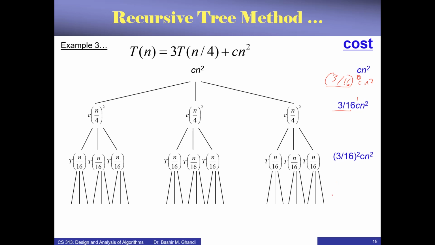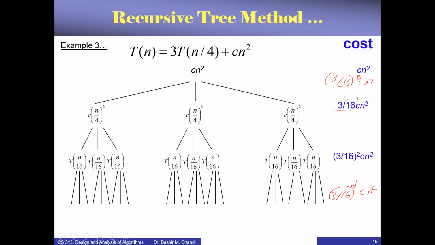So in general, when we reach depth d of the tree, we're going to have (3/16)^d cn^2. This will allow us to estimate the cost of each level.